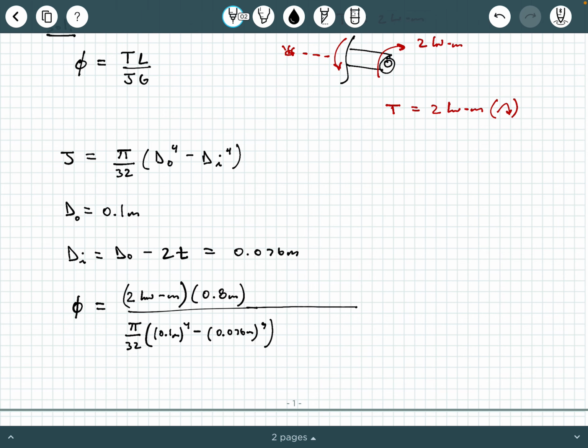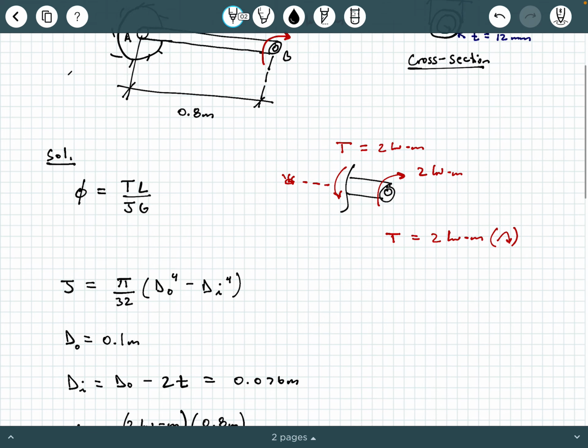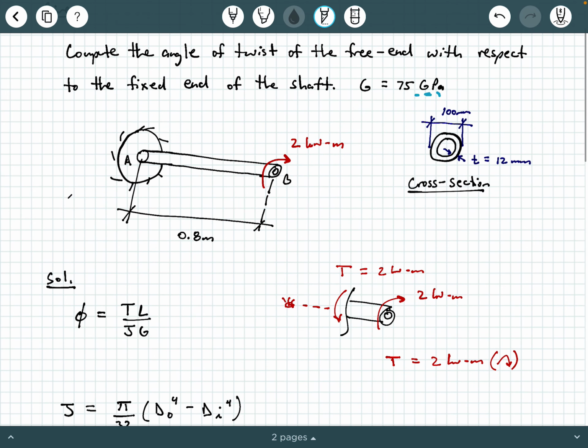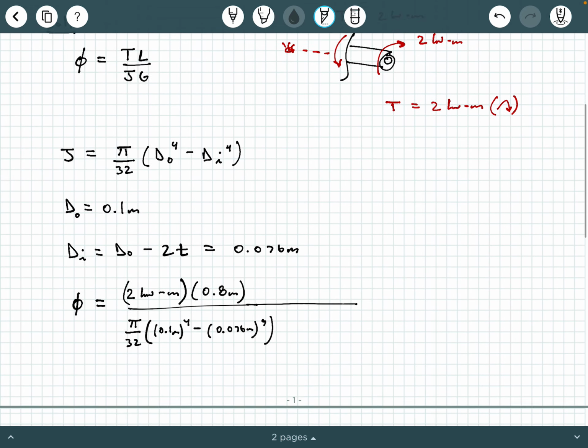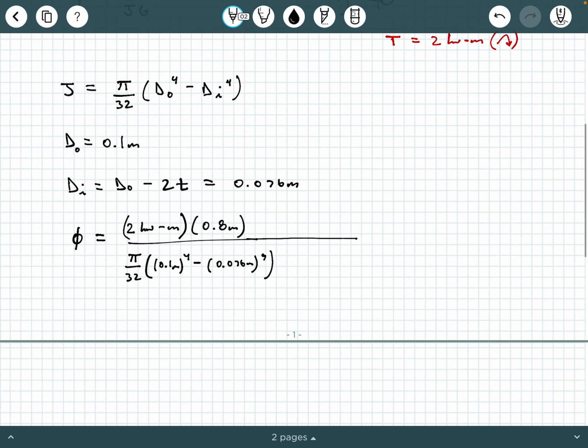And G in that denominator is 75 gigapascals, so we need consistent units. Since we have 2 kilonewton meters in the numerator, let's express this as 75 million kilopascals. If you're a little rusty on unit conversions, you might want to review that. 75 gigapascals is the same as 75,000 megapascals, which is the same as 75 million kilopascals.